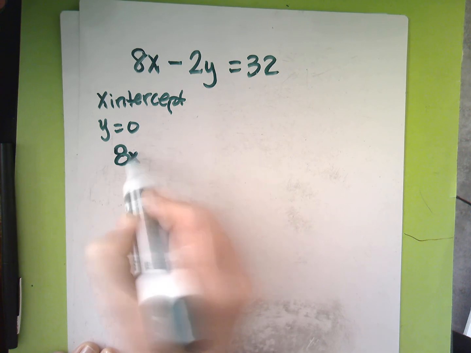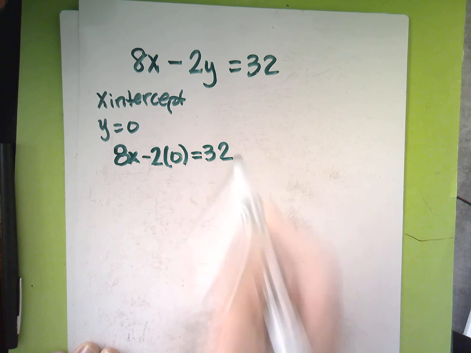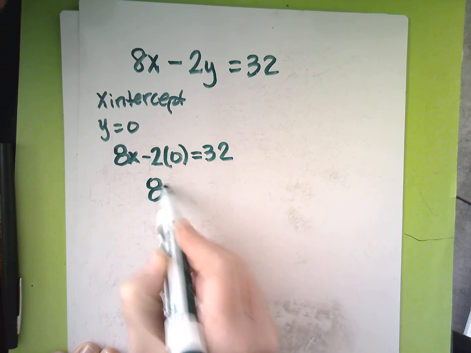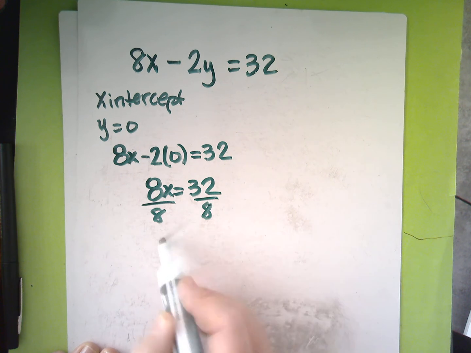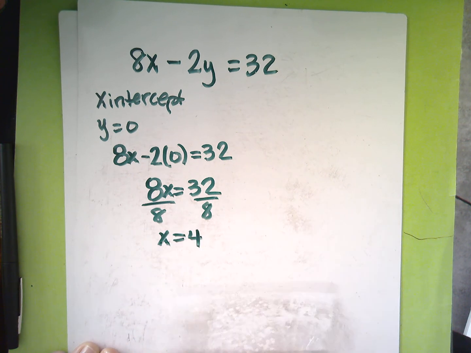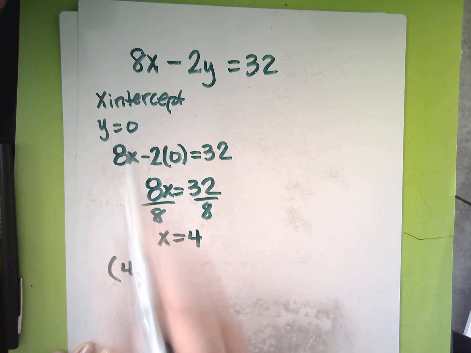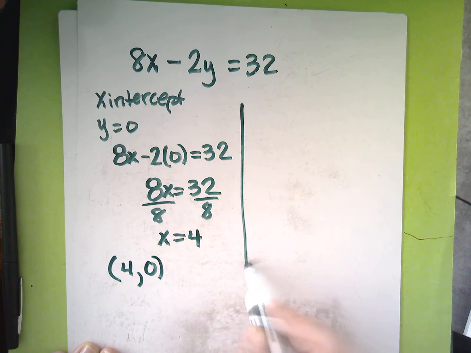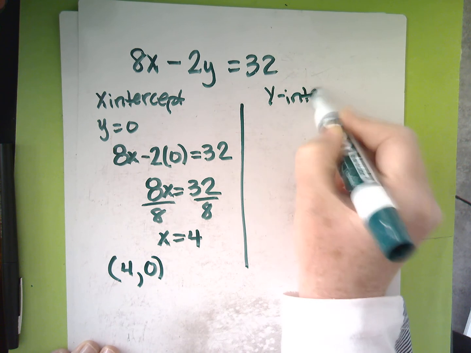So you get 8x minus 2 times 0 is 32. 8x is 32. Divide by 8, x is 4. This location is 4, 0. That's the x-intercept.